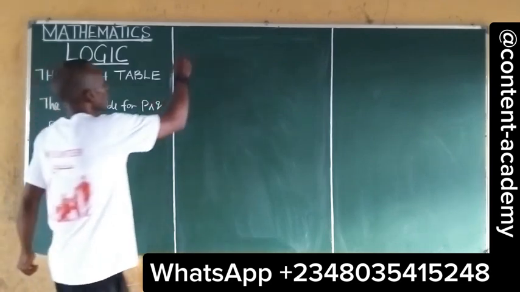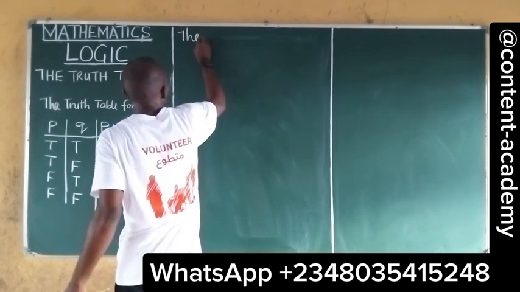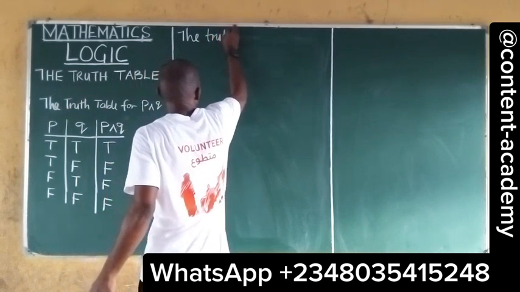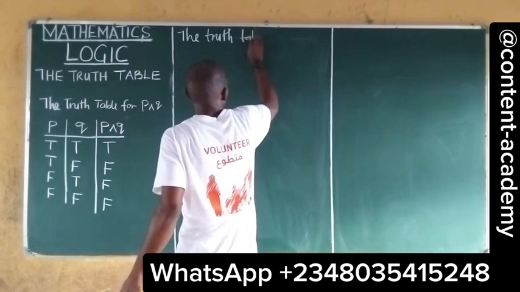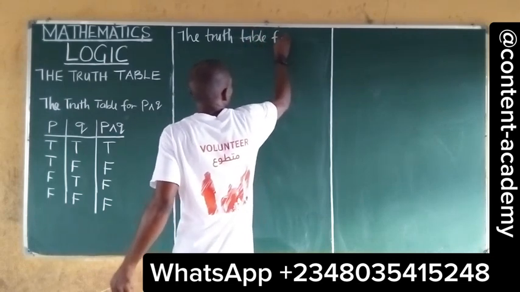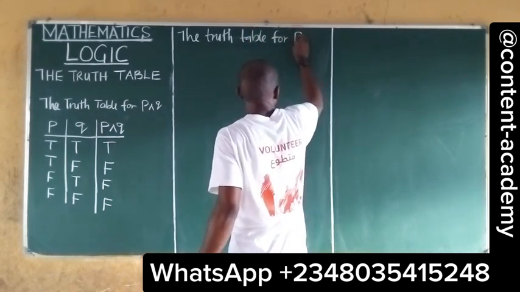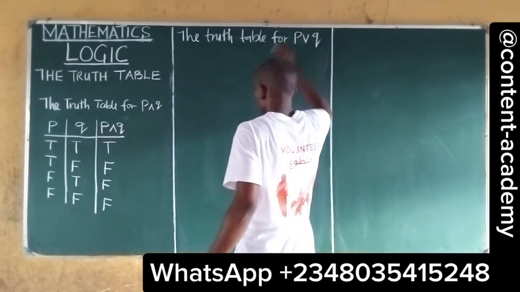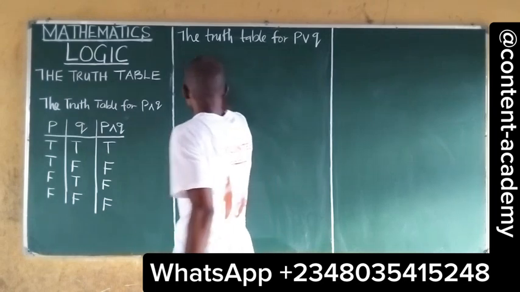Also, the truth table for disjunction, say P disjunction Q. We will still write the same thing.